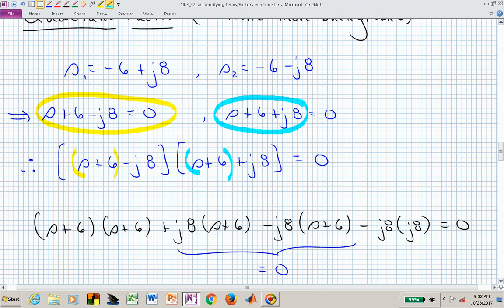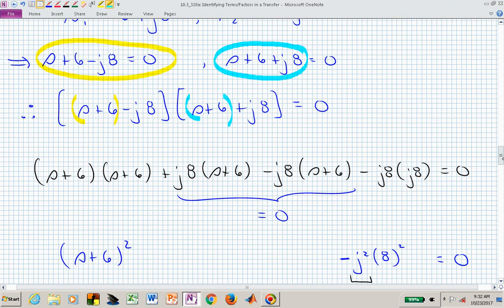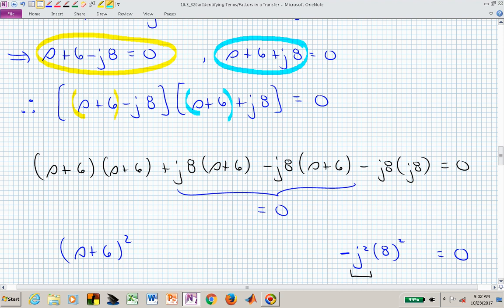You can hopefully see then that these cross terms result in 0. We have plus j8 times s plus 6 and a minus j8 times s plus 6. And we're left then with the quantity s plus 6 squared and a minus j squared times 8 squared.